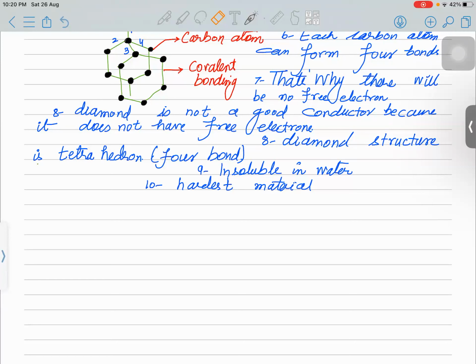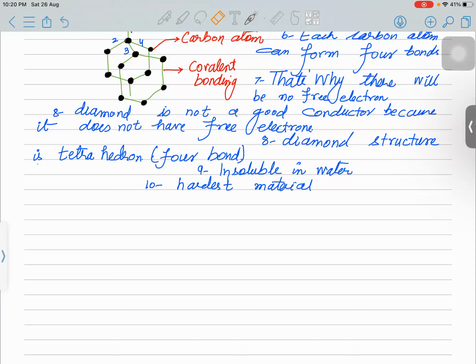Diamond is insoluble in water. What about organic solvent? Same, insoluble in organic solvent. So diamond does not conduct electricity.